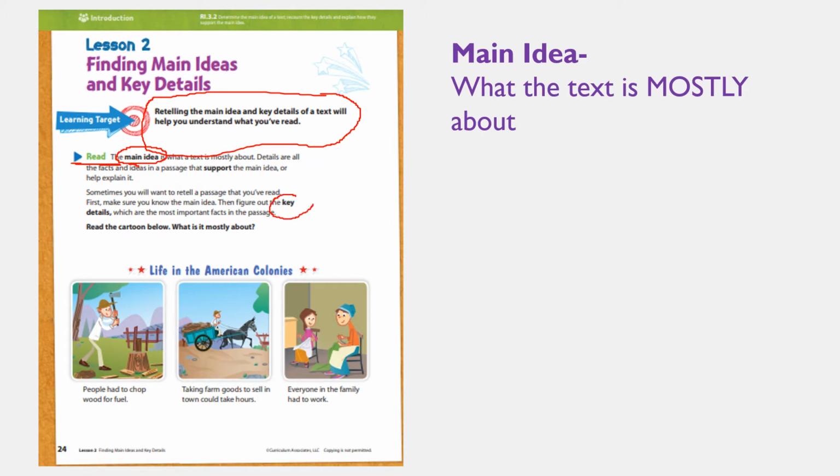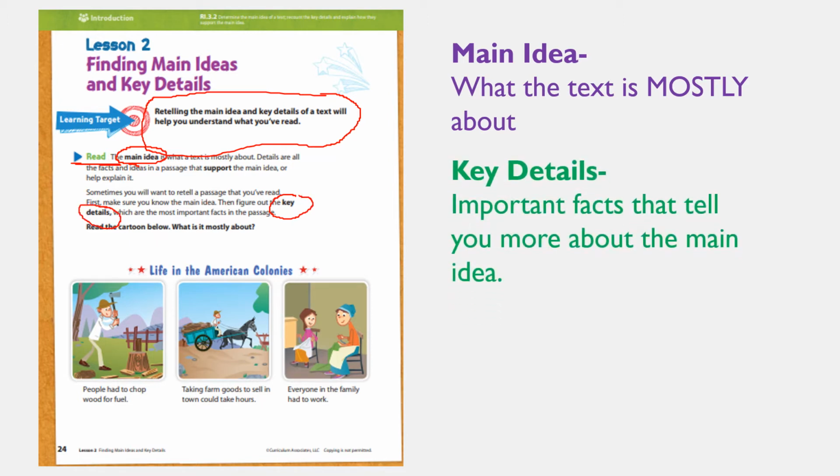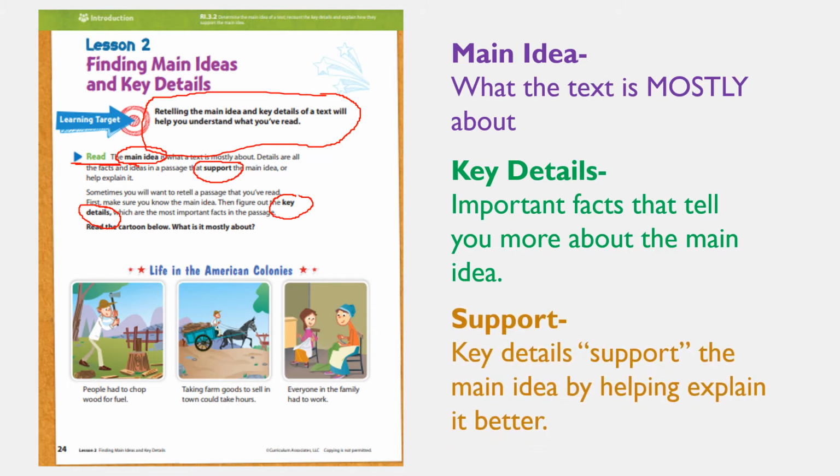Another one here in bold print, key details. Key details are the important facts that tell you more about the main idea. And we also use this bold print word, support, just to tell us that supporting the main idea means it explains the main idea a little bit better. So key details support the main idea.